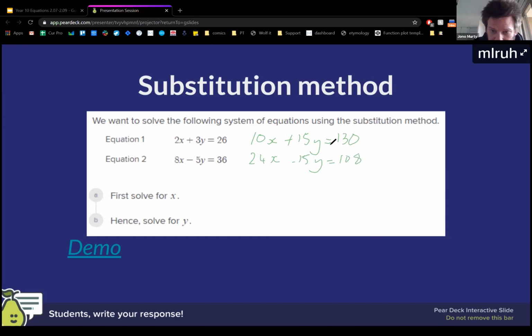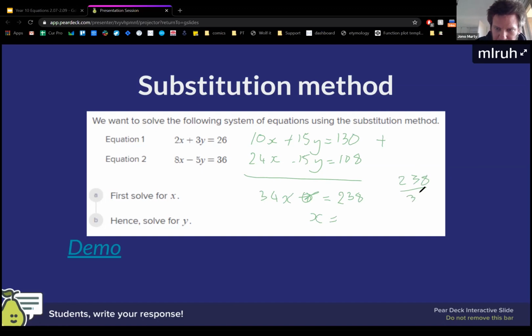Now I'll just add these two together. So 34x equals 238. That's looking a bit better.